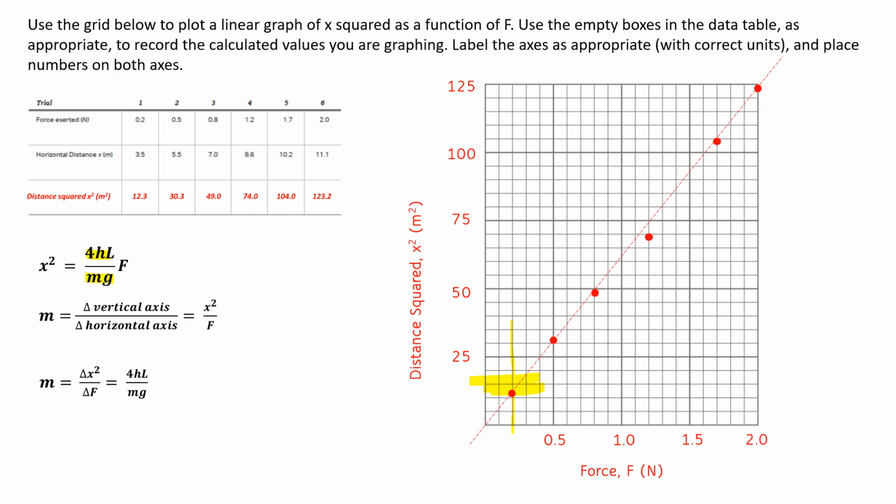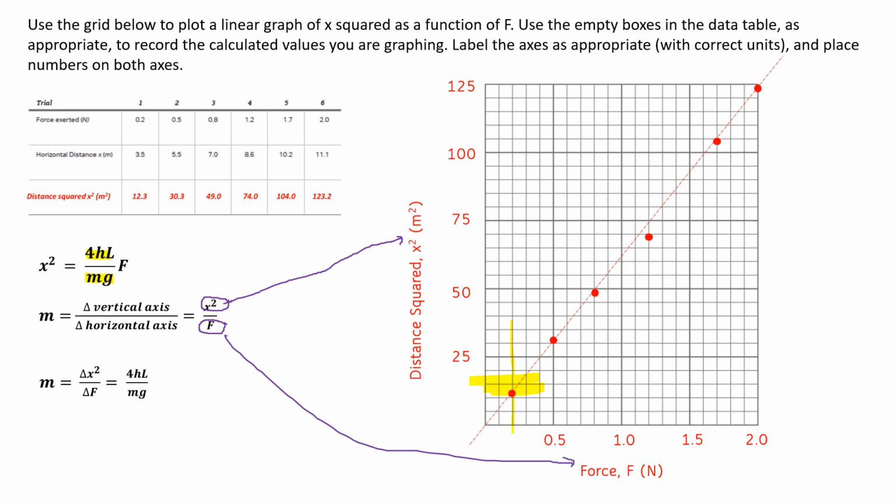So if the slope is m, and that is the change in vertical axis over change in horizontal axis, but we all know that the vertical axis is your x squared right here. So x squared and force is over here.